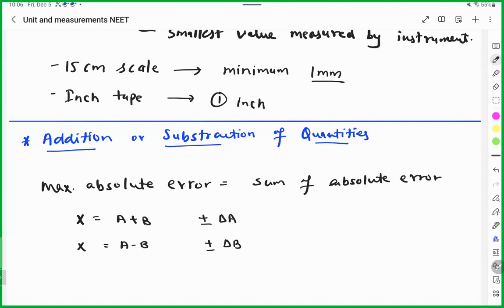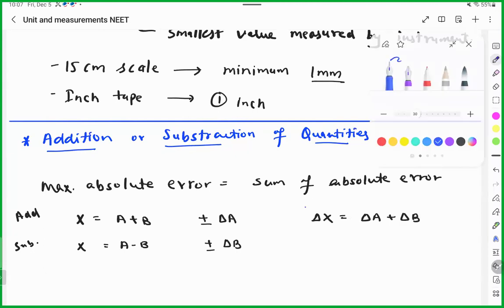This is addition, this is subtraction. In both situations, the absolute error in x will simply be the addition of delta a and delta b. It doesn't matter whether it is addition or subtraction.